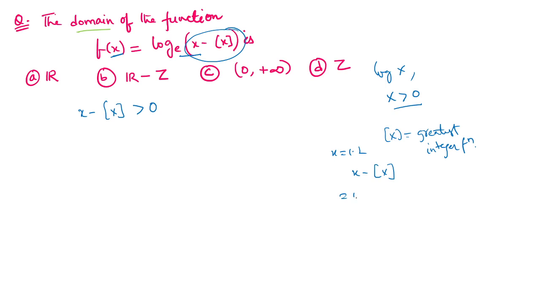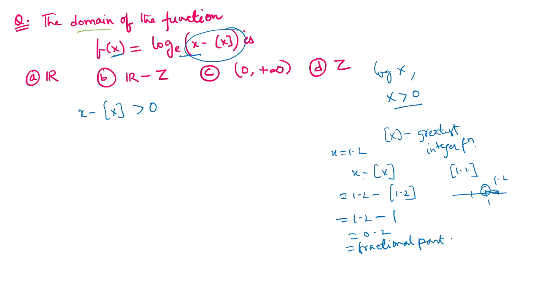Then 1.2 minus the greatest integer function of 1.2, which is 1, so this will be 0.2. So x minus the greatest integer of x is nothing but the fractional part of x.